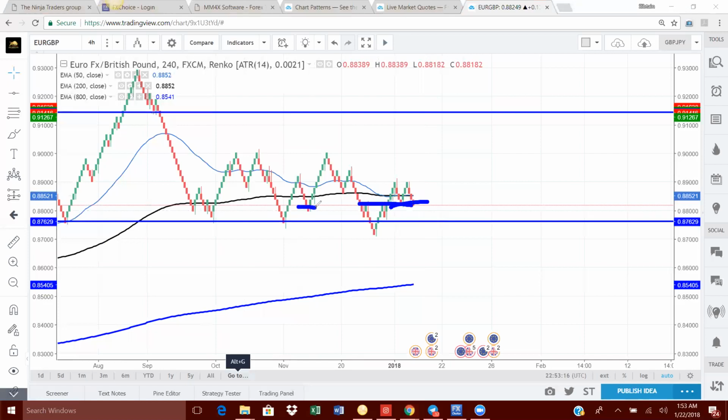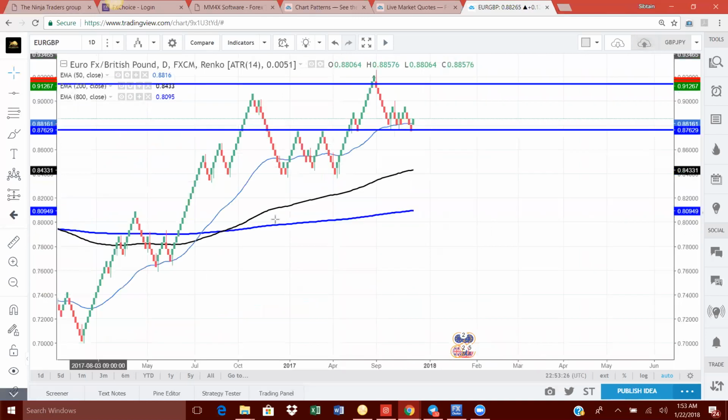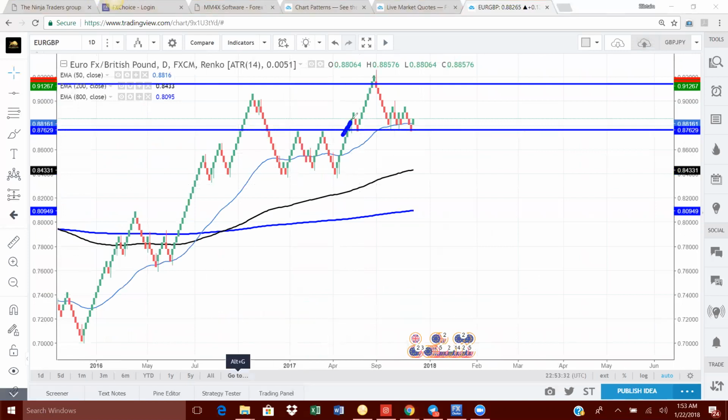You see, support. So the price could go up, and if we see on the daily, yeah, you see on the daily, right shoulder, head, and left shoulder, right?